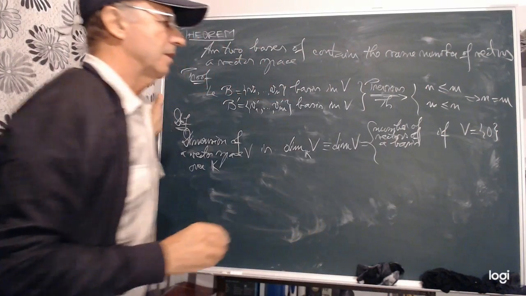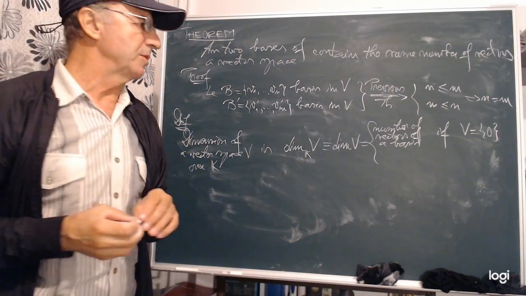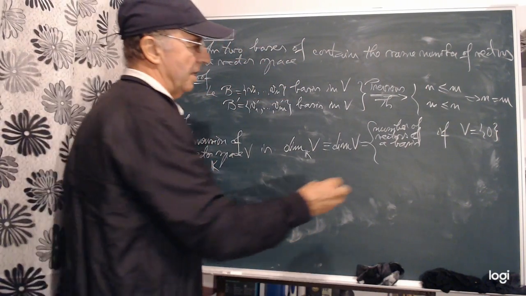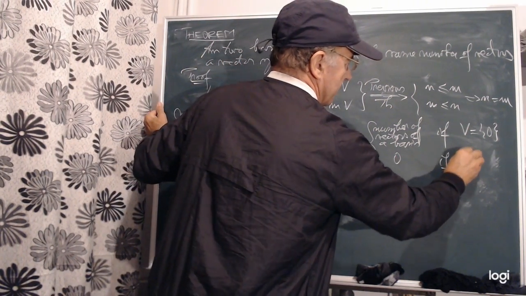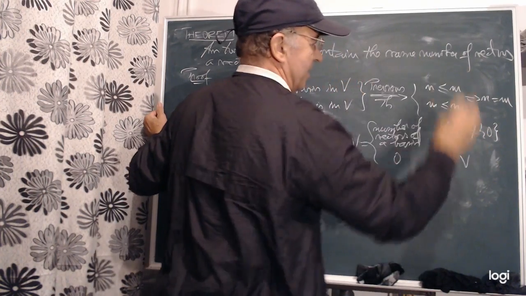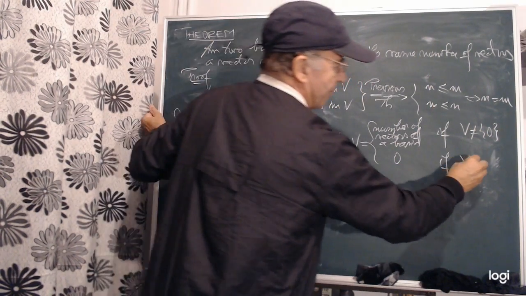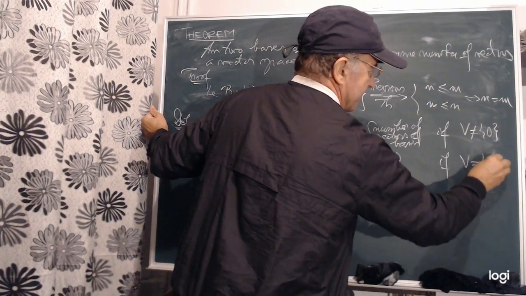We know that the null space does not admit a basis, and the dimension is 0 if V is the null space.